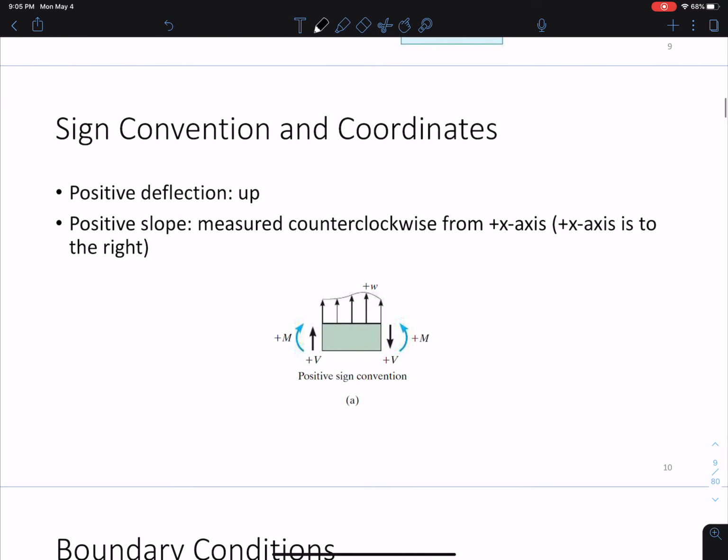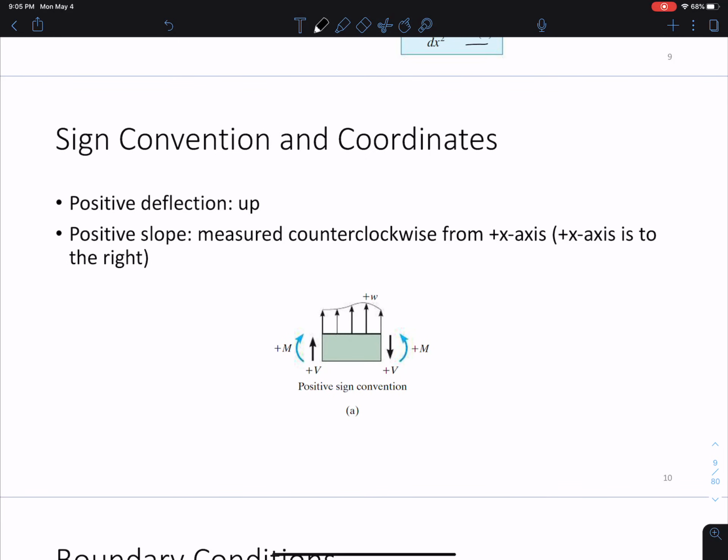Okay. So in terms of sign conventions and coordinates, we're going to use the same sign conventions that we had previously used when deriving these formulas. And this is super important because we want to make sure that our signs are appropriately reflected on our diagrams so that we're getting answers that match up.